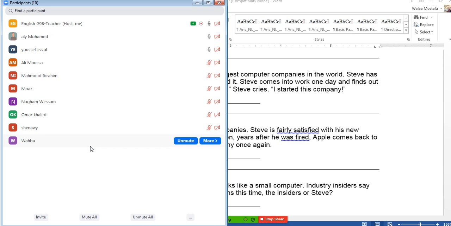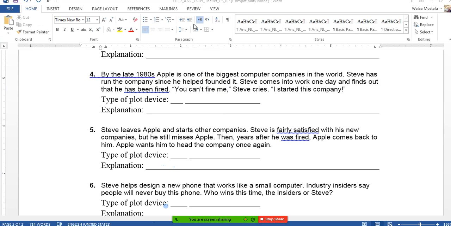From the beginning of the story, when we were speaking about Steve, did you know from the beginning that this is Steve Jobs? No. So this part is a surprise. This is an unexpected thing.